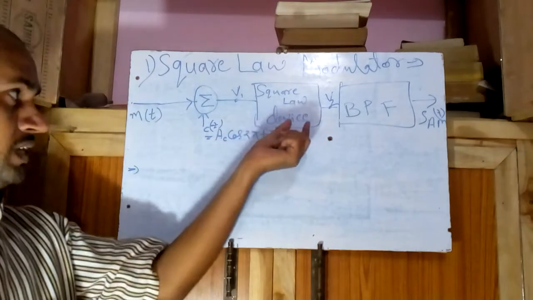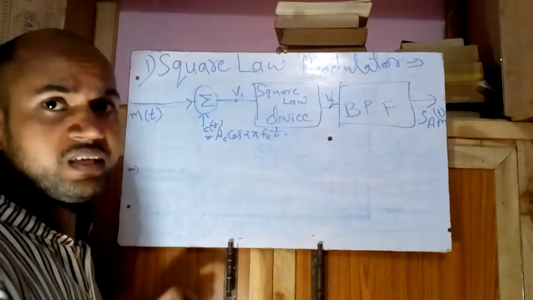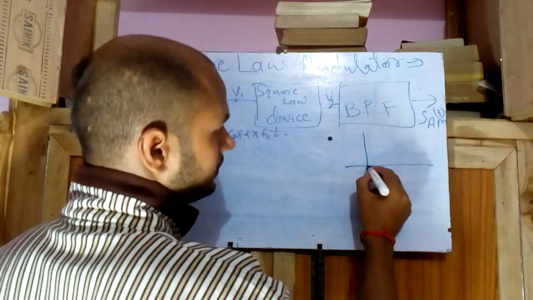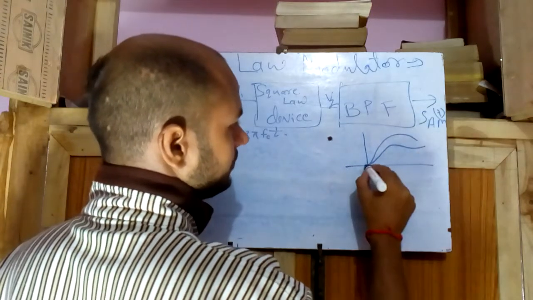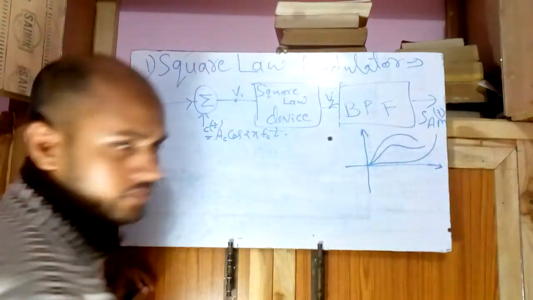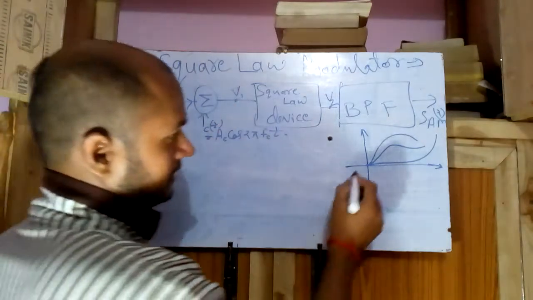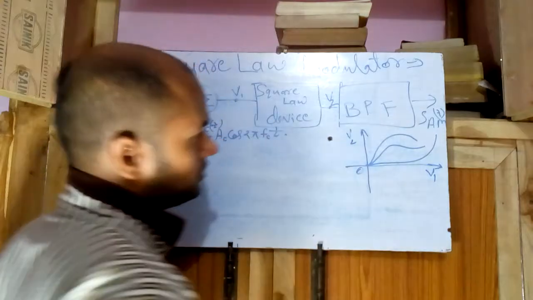So what is a square law device? It uses the property of non-linearity. A non-linear characteristic may be like this, maybe like this, and maybe like this. There are a lot of possibilities for a non-linear characteristic, right? Which one will we use?